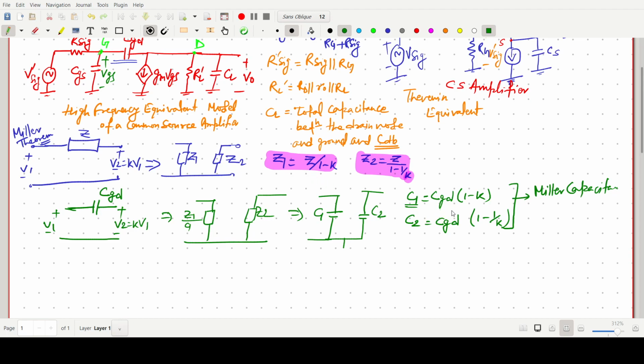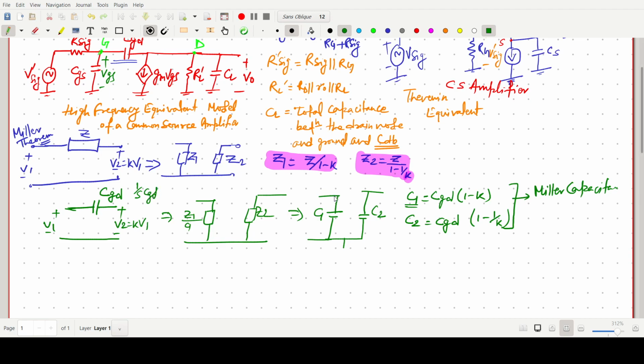terms of capacitance. So we have to write in terms of CGD. It should be CGD into (1 - K). Okay. Here there is a reciprocal function, but here this one is a capacitor. So if you find, it should be 1 by sCGD, because this impedance is nothing but simply sCGD.